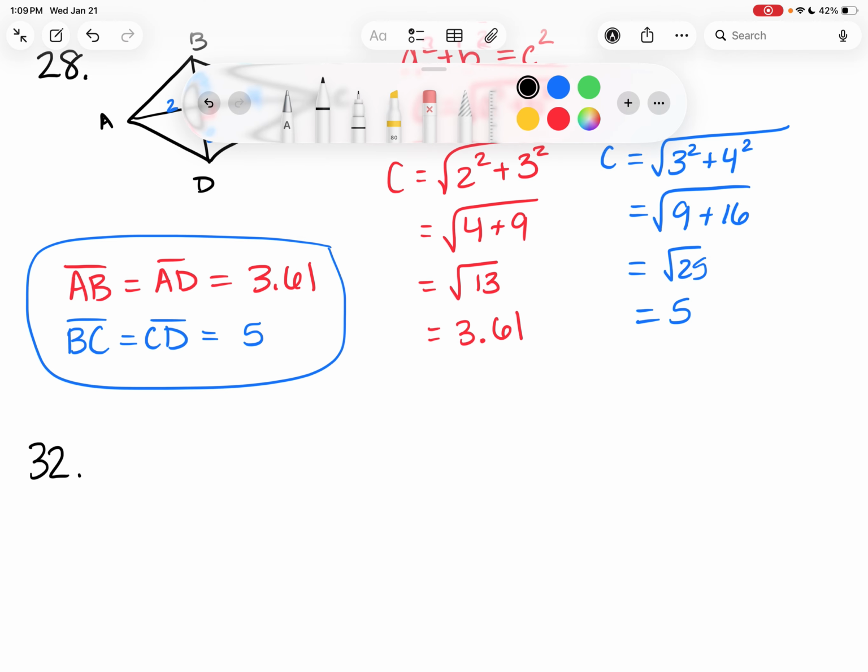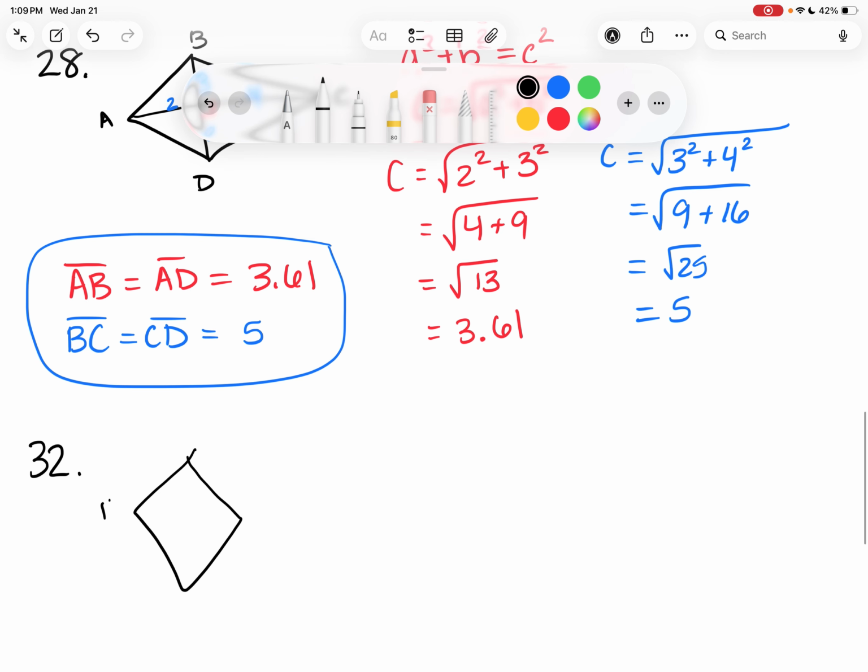Number 32. Again, we may come back to 30, but I'm trying to make sure we get through everything today. 32, we have another kite. Not a very good kite. Let me try again. Promise the kites on my paper look better than they do on here. This is the kite EFGH.